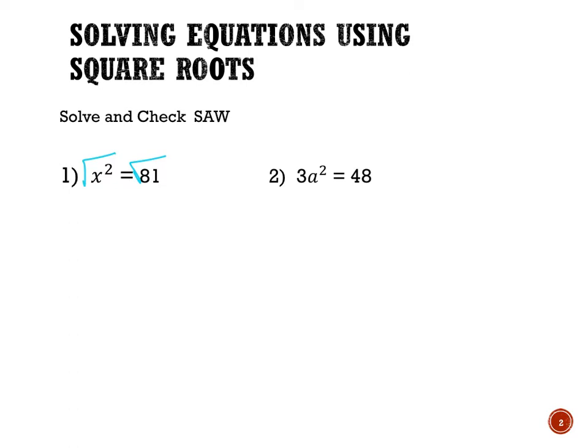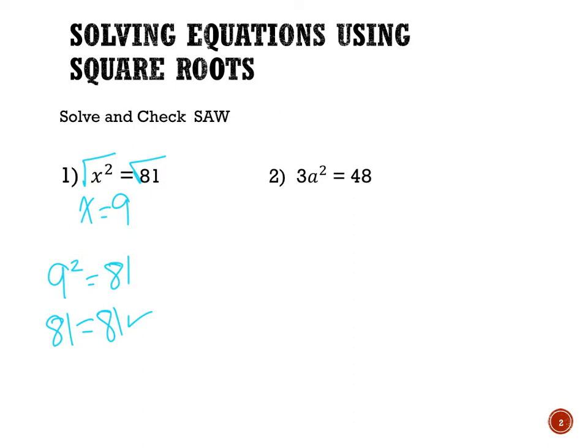So the square root of x squared equals x, and the square root of 81 equals 9. So x equals 9. To check it, 9 squared equals 81, it checks out.